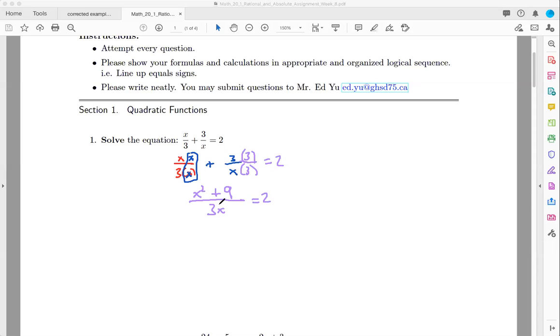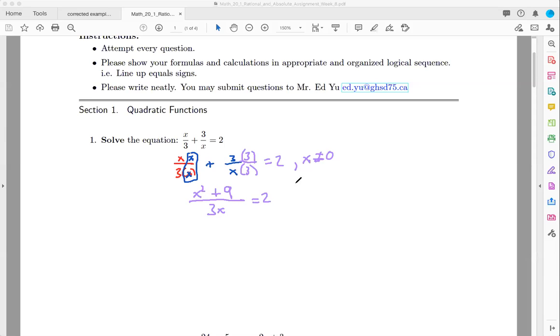Now what can we do? We should notice that x is not allowed to equal 0 because we can't divide by 0. That's a rule in mathematics we shouldn't break, because then things go wonky. We get some really strange answers that don't make sense.